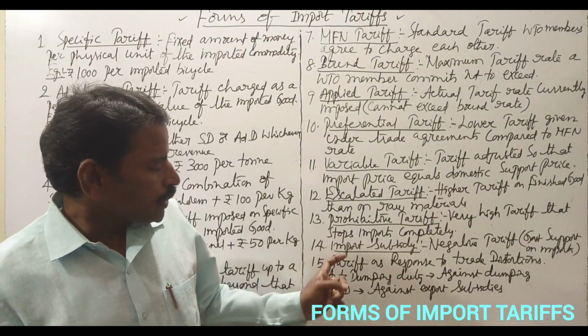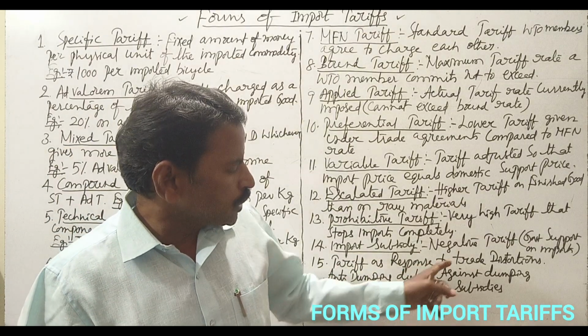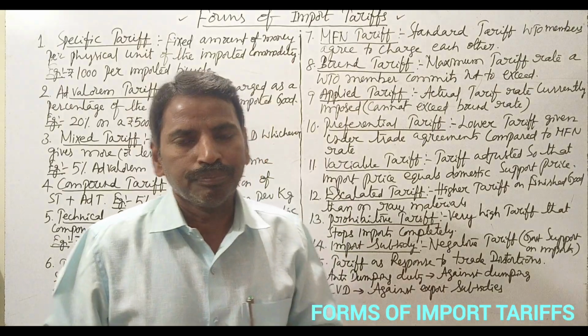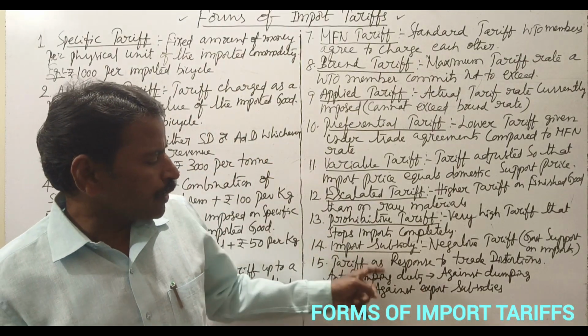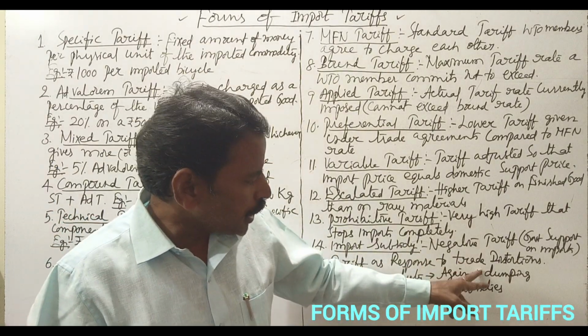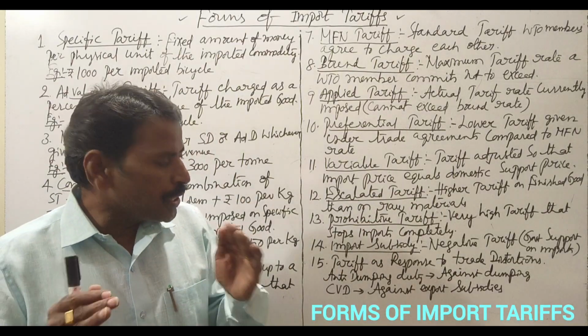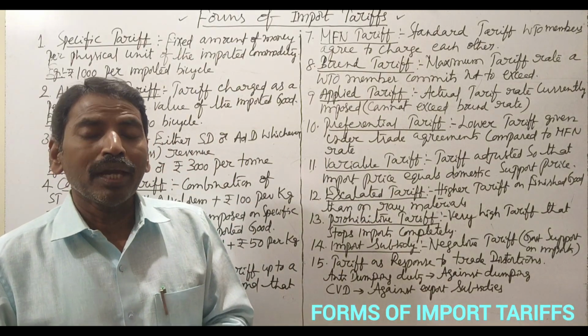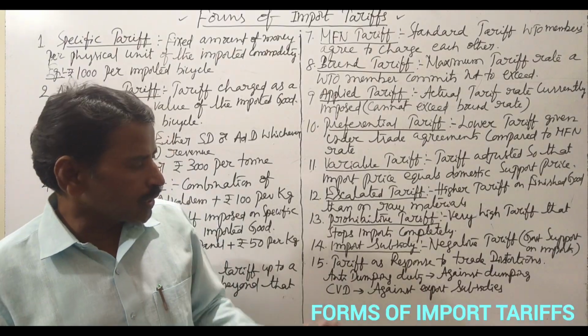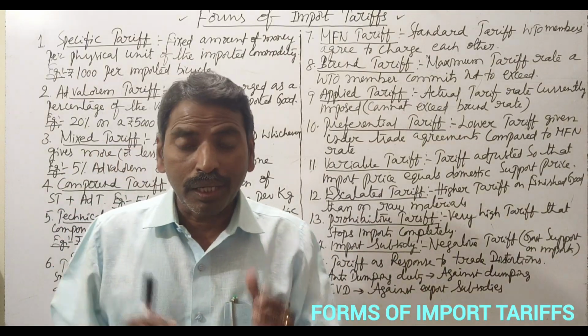15th one, tariff as response to trade distortions. That means anti-dumping duty, which is against dumping.